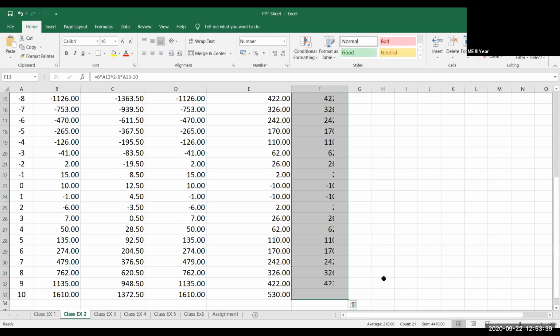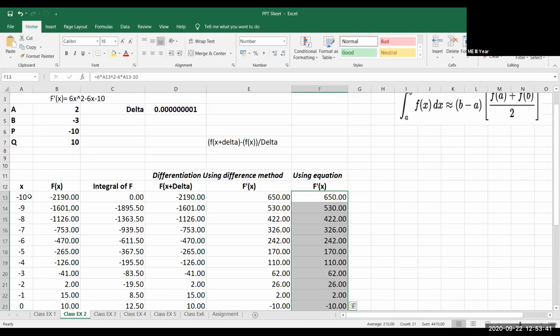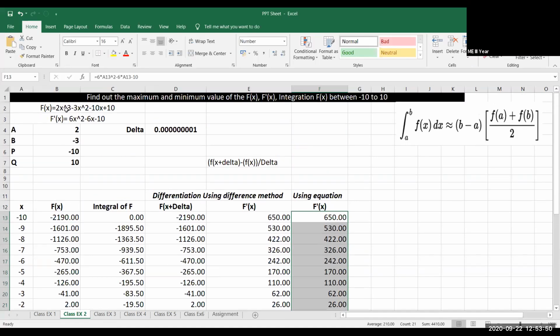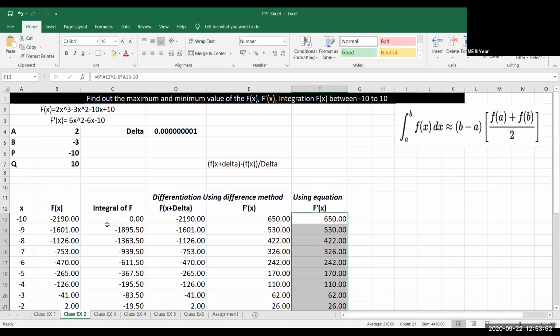So now your work is over. First you have to find out the limits, from the lower limit to the upper limit. After that you find the function value using the formula. Then you find the integral using the trapezoidal method.